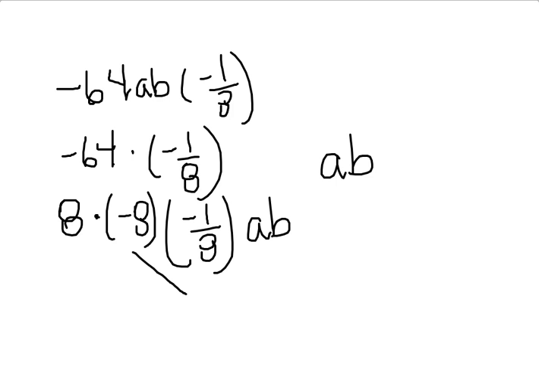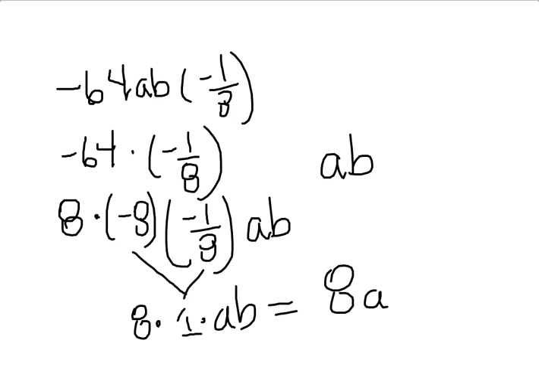So these 2 numbers right here should look pretty special to you because they're reciprocals. So that means when I take them and multiply them, which is what I'm doing, I'm going to get 1. So now I have 8 times 1 times AB, which really just equals 8AB. So this nasty thing here simplifies to just 8AB. Thank you, reciprocals, because that makes my life easier.